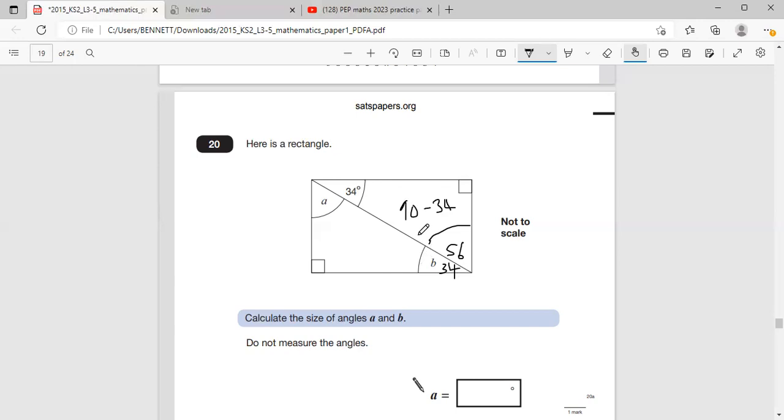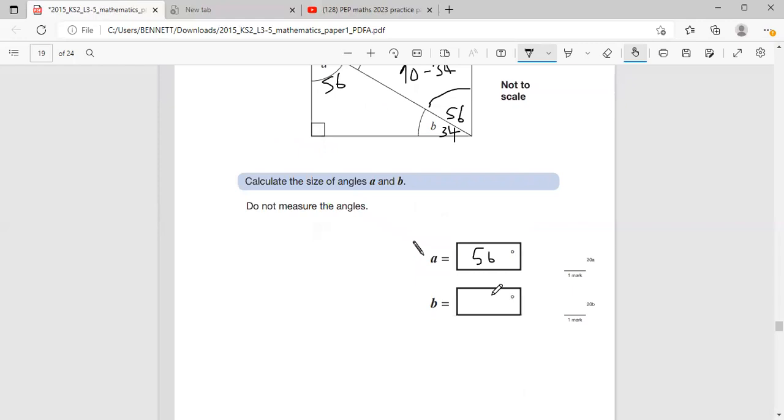And this one would also be 56, because remember, angles of a triangle add up to 180. So this is 90, 56 and 34. So A is equal to 56 and B is equal to 34. Alright, let's move on.